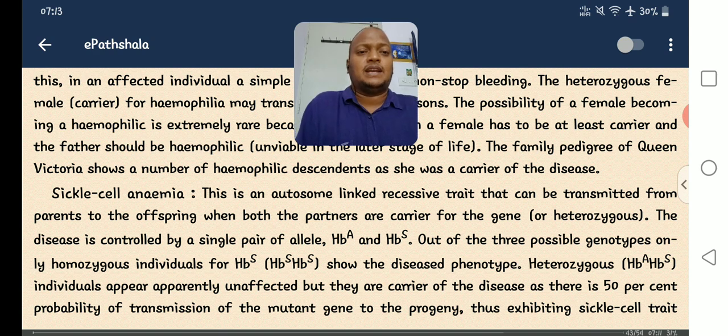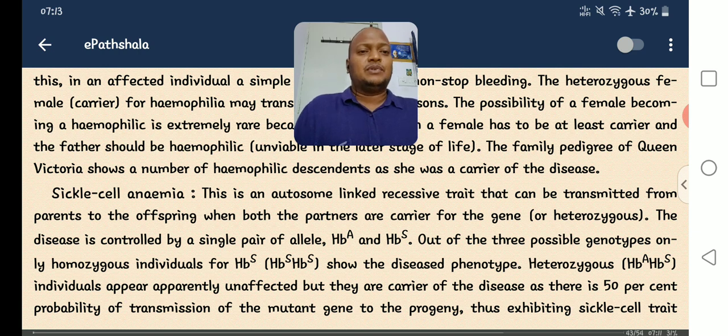The first point: this is an autosome linked recessive trait that can be transmitted from parents to the offspring when both the parents are carriers for the gene, that is, heterozygous.